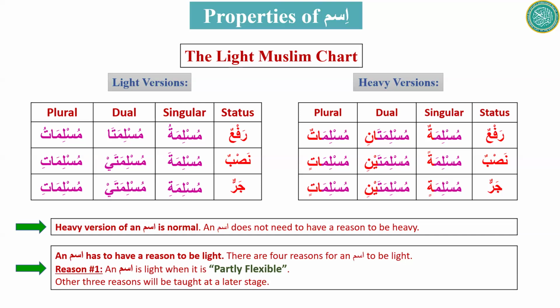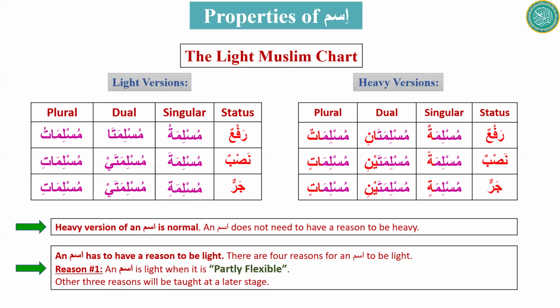So we learned the fully flexible ism. We learned the non-flexible ism, like Musa. Then we learned what is a light ism, what is a heavy ism, and how to change a heavy ism into light.